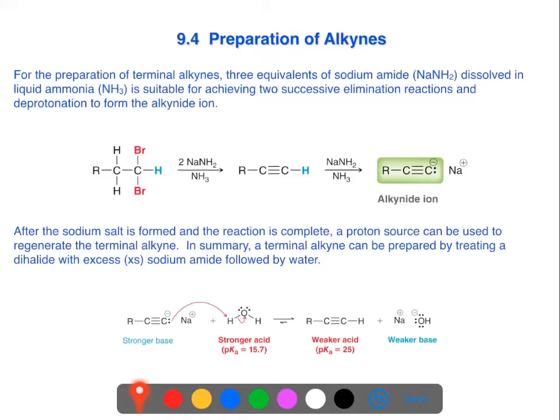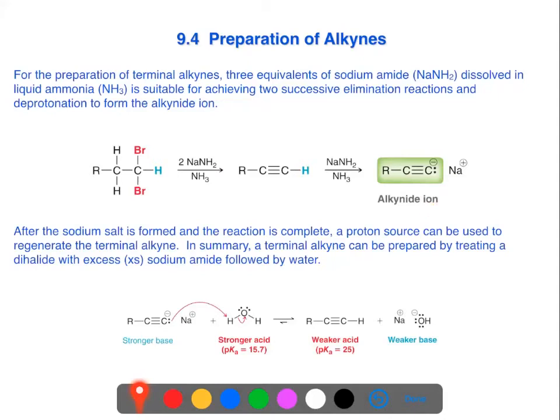And you can see in this example, if we're using sodium amide, a strong base in liquid ammonia, the amide ion, the active species, will react with the dihalide to give you this particular terminal alkyne. But the problem with this reaction is that there may be some base present that can further react with this terminal alkyne to form the alkynide ion.